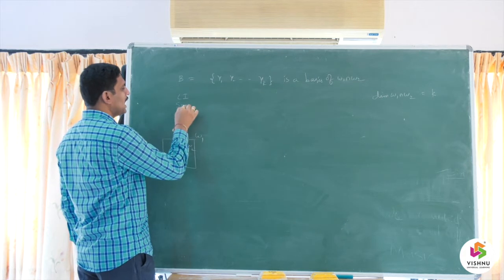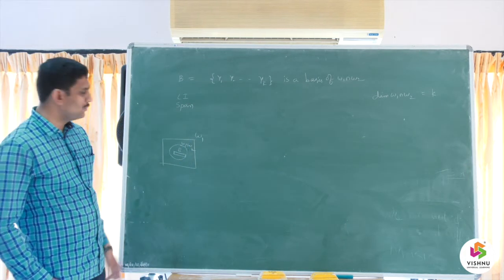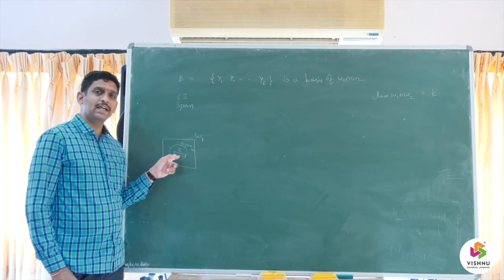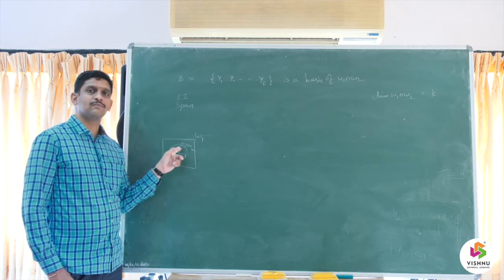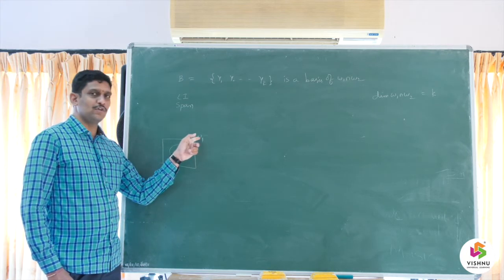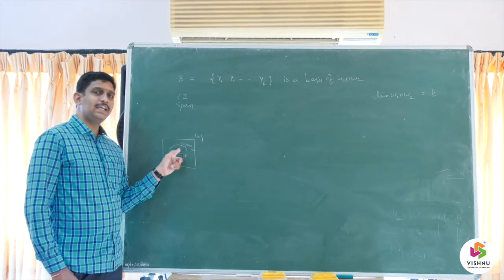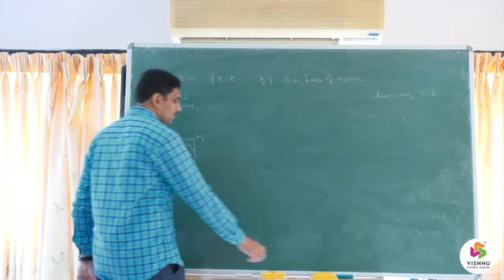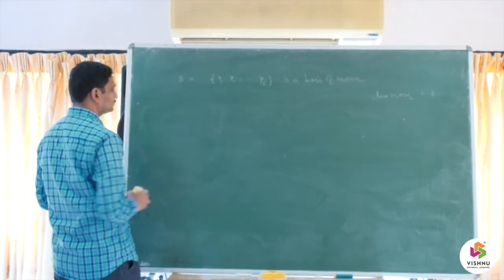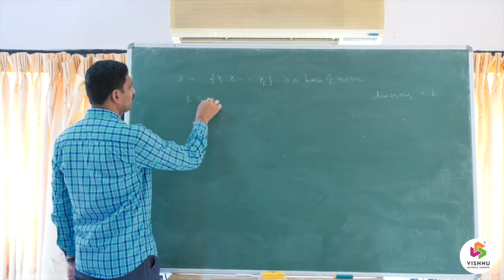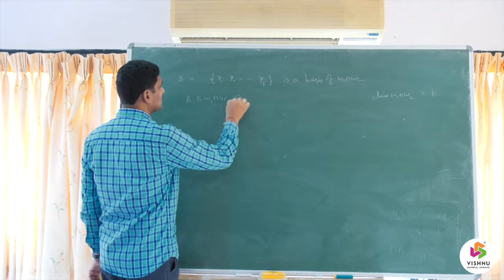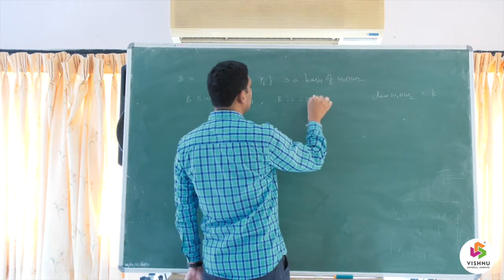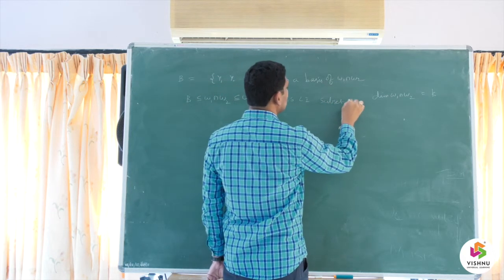A linearly independent set and a spanning set. So what you observe, B is a linearly independent set in the intersection. Since the intersection is a subset of W1, we can say that B is a linearly independent subset in W1. So B is a subset of the intersection and the intersection is a subset of W1. So B is a linearly independent subset in W1.